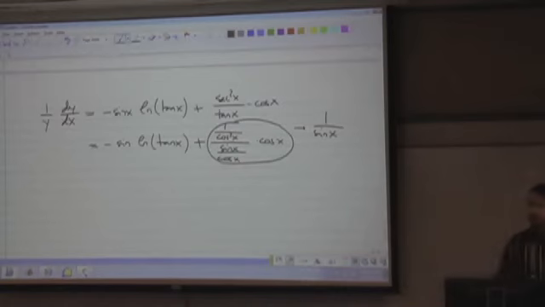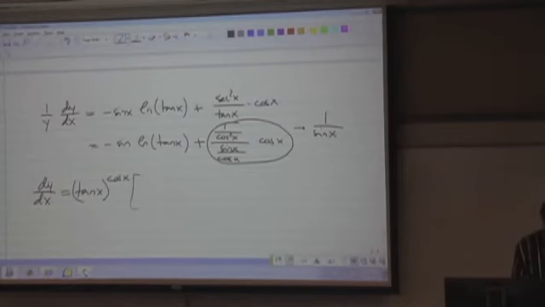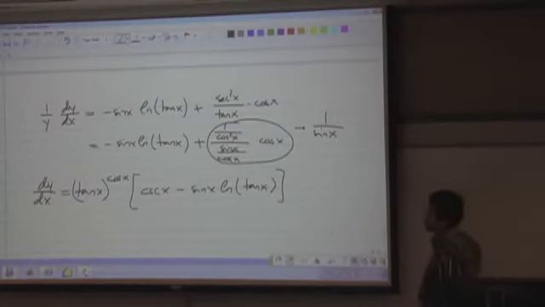Okay? And so dy over dx is just going to be tangent of x to the cosine of x multiplied by cosecant of x minus sine of x times ln of tangent of x. Okay?